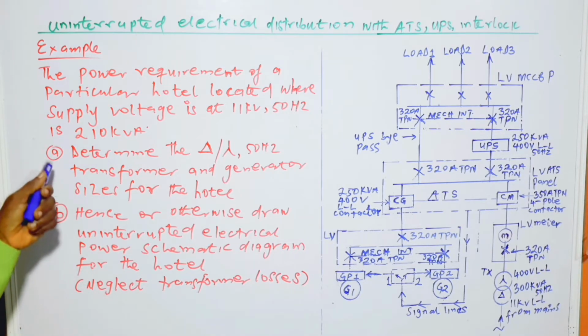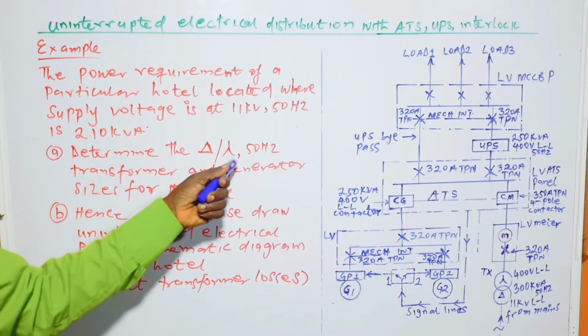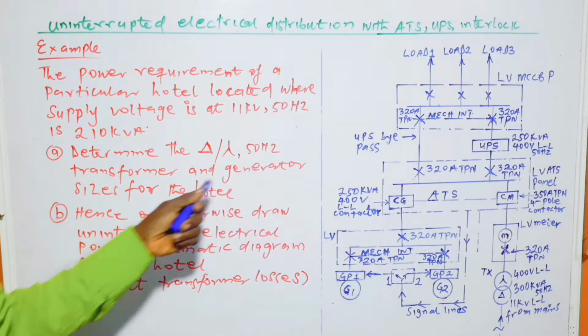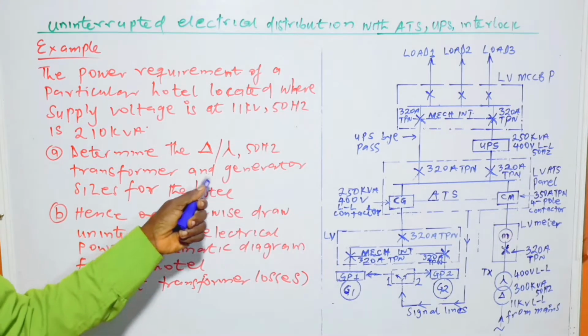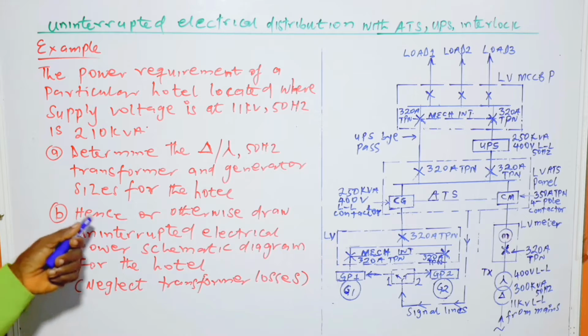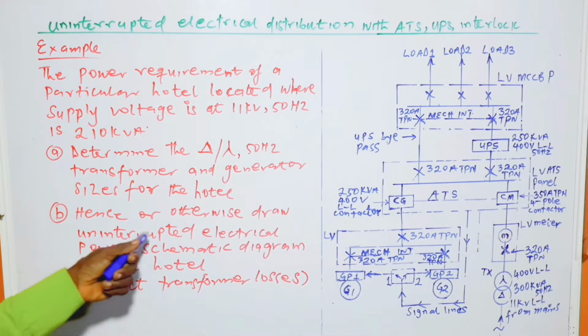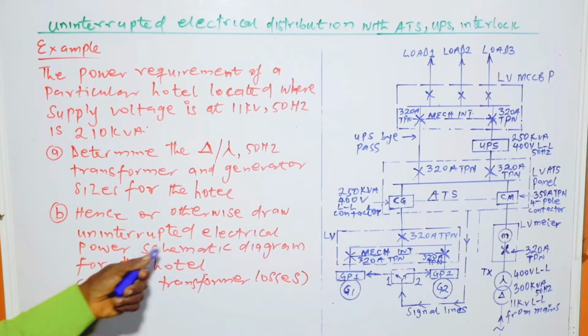The questions are: A part, determine the delta star 50 Hz transformer and generator sizes for the hotel. B part, hence or otherwise draw uninterrupted electrical power schematic diagram for the hotel.